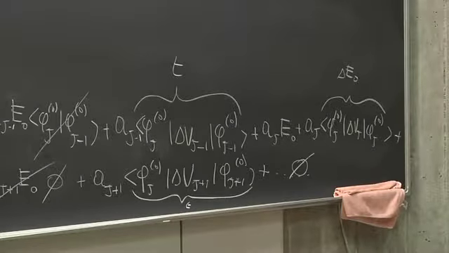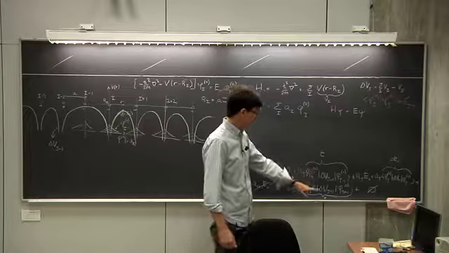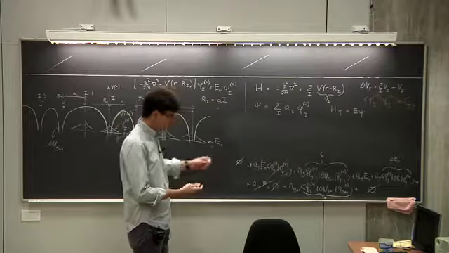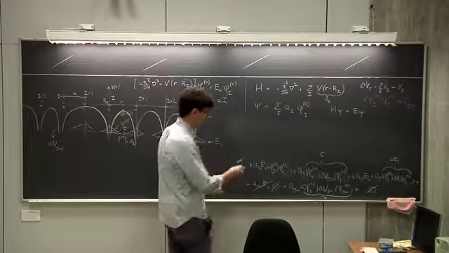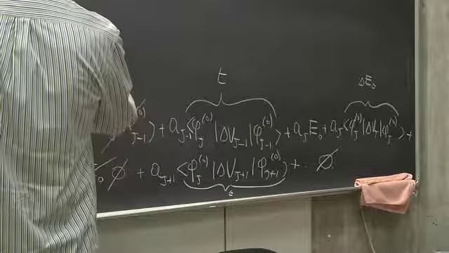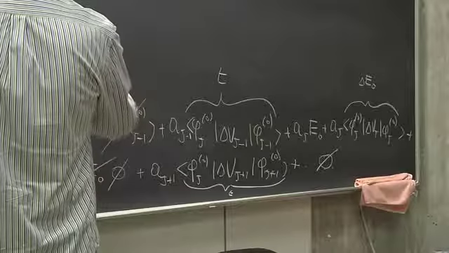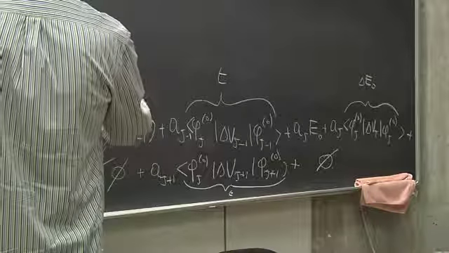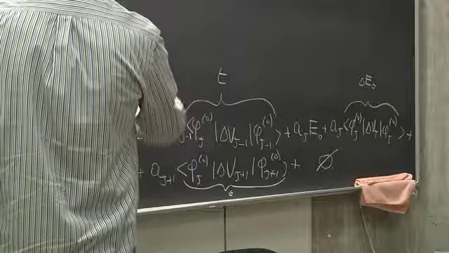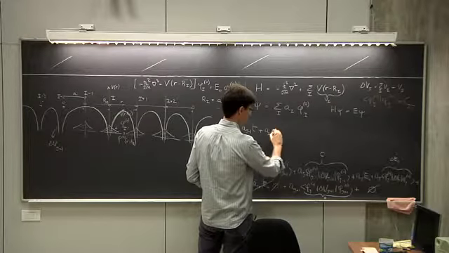Okay? So at the end of the day, I'm not left with too much. I'm left with 1, 2, 3, 4 terms, which I can write in a very compact way now that I have introduced my notation. So this is just a j minus 1 t plus a j E naught.